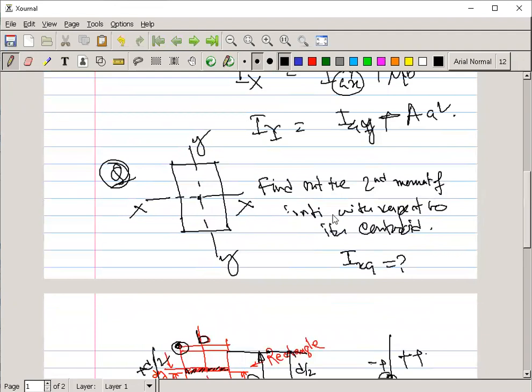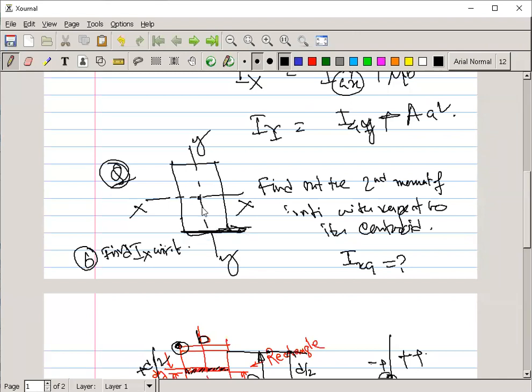Now, if the question says to find Ix with respect to an axis parallel to the centroidal axis, or about a section, for example this one, consider this one.